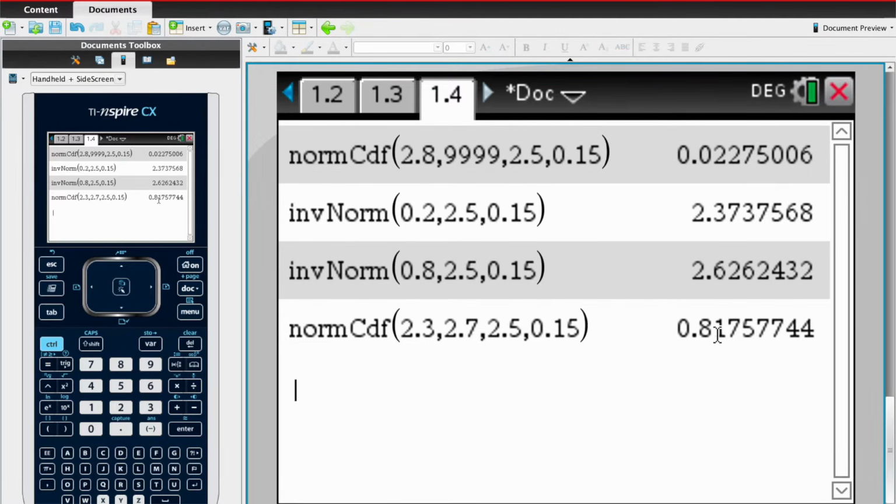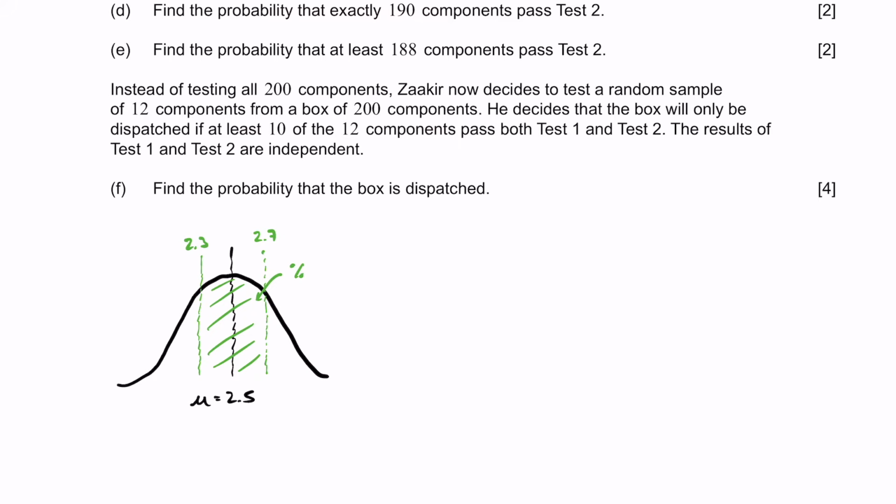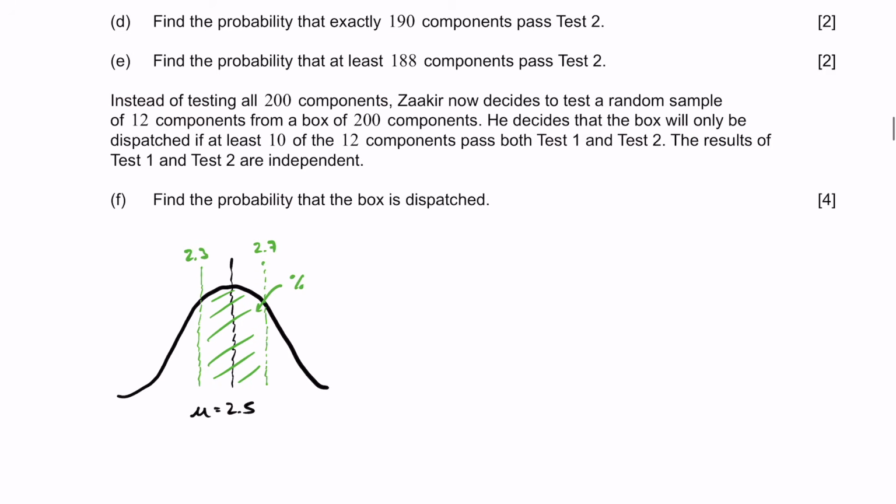Okay, so let's go back to our document and write this out. So what do we know? We know the answer in this case. The probability that some component is greater than 2.3, less than 2.7 is equal to 0.817577, or to 3 sig figs, 0.818.